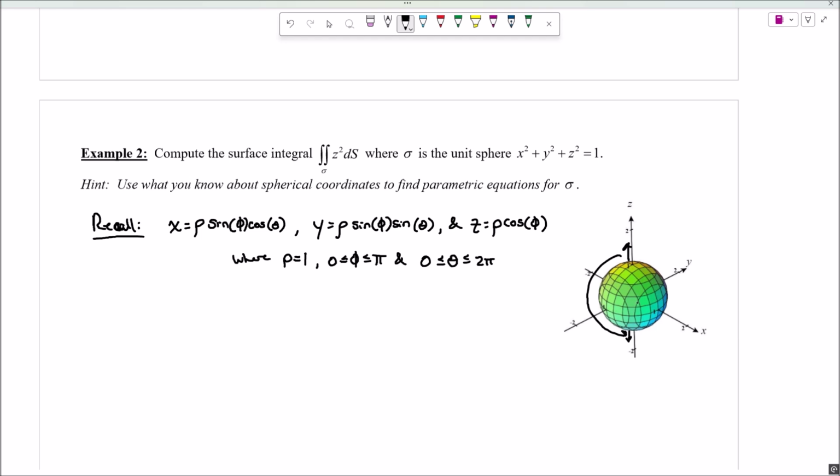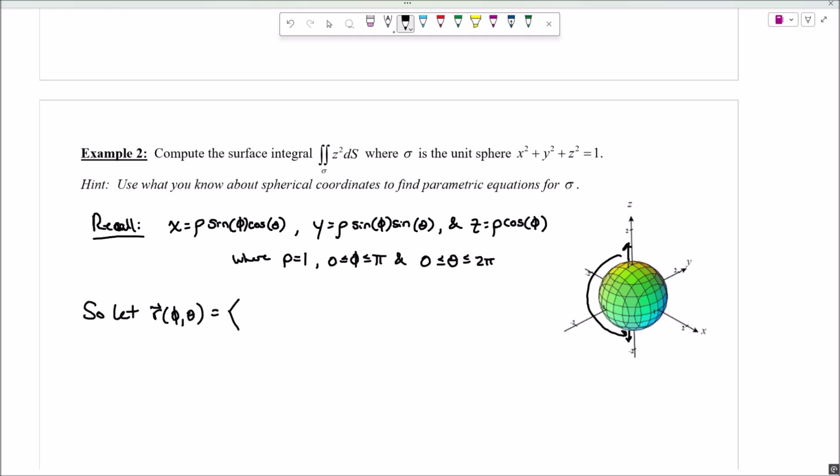So I can go ahead and use these precise formulas to create a parameterization. I'll say let my r of u v, or in this case, I'll actually do an r of phi theta, just for the sake of simplicity.